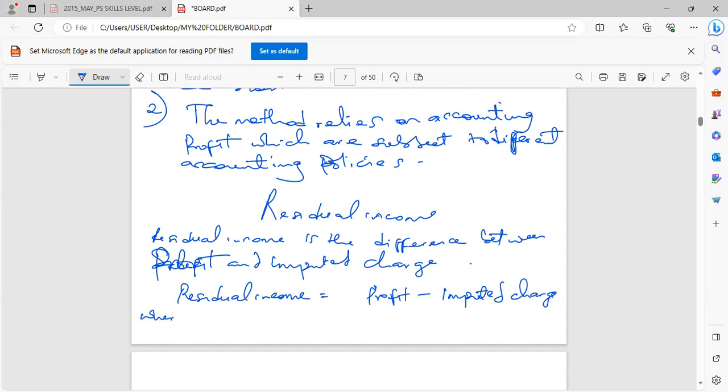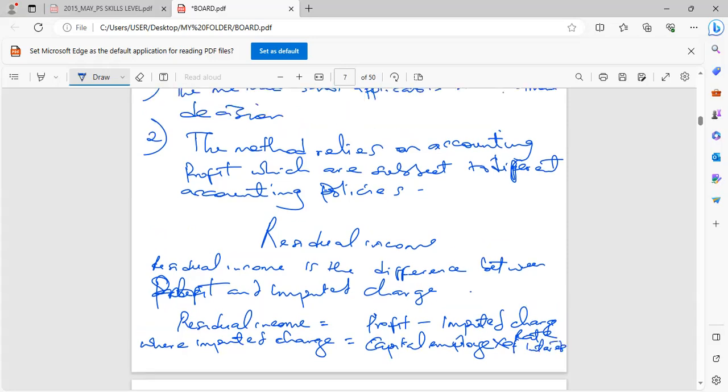Here, imputed charge equals capital employed multiplied by the rate of interest.